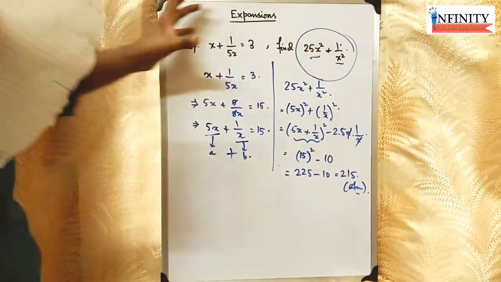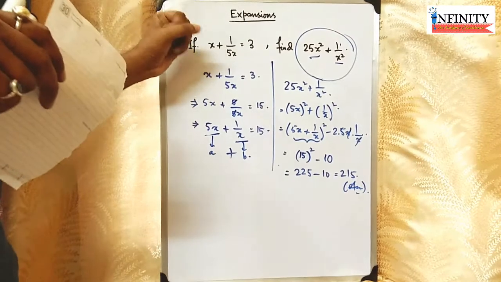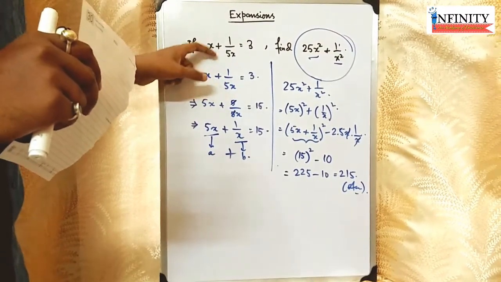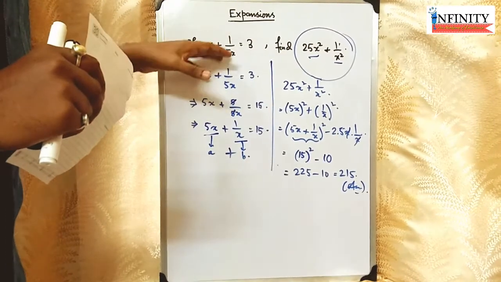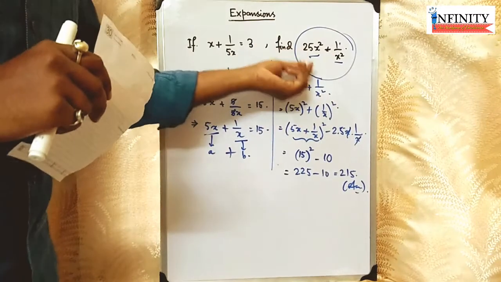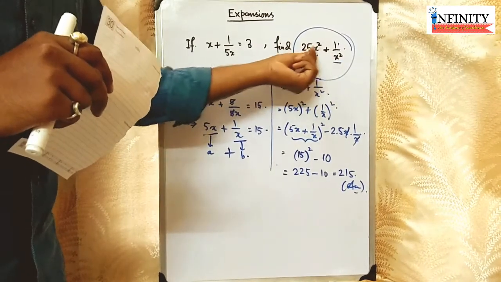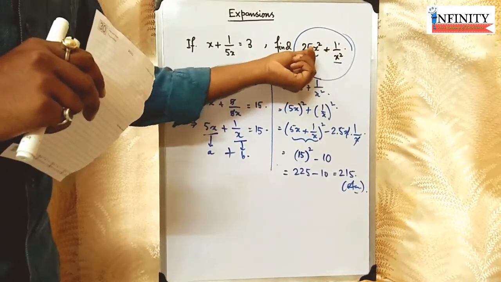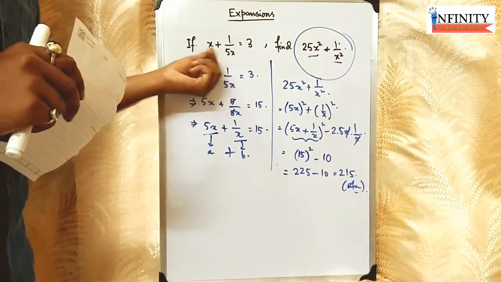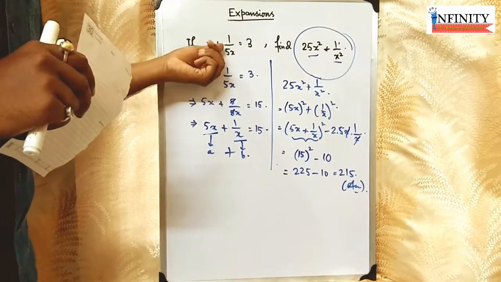What is the funda of this kind of problem? You have to change the coefficient of these two terms. Basically, you have to interchange the coefficient of these two terms. You have to see if there is any interchange between the squared coefficients, then you have to interchange this coefficient.